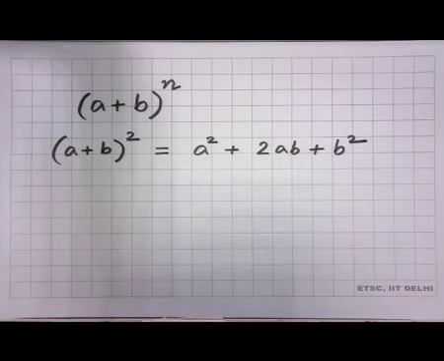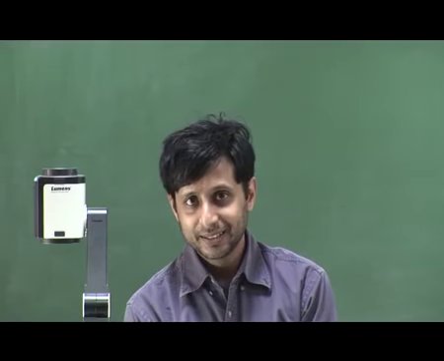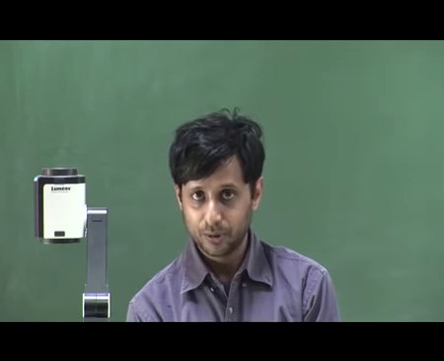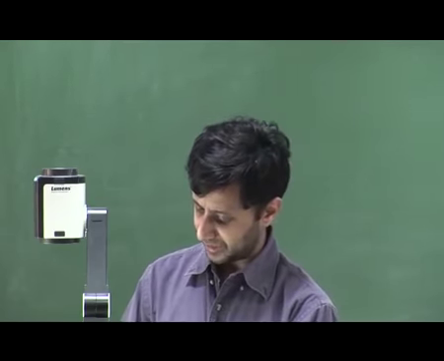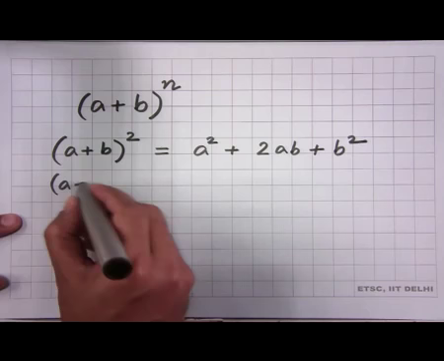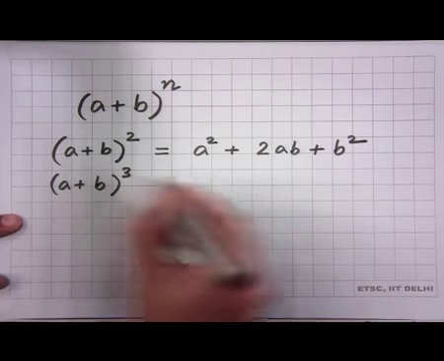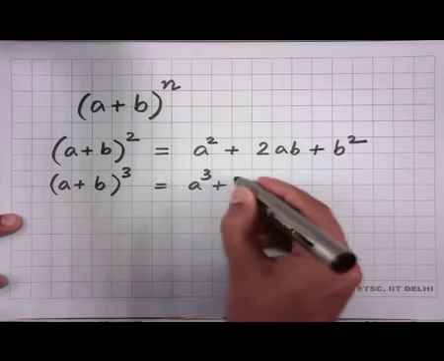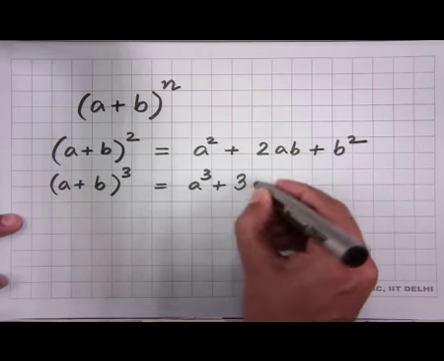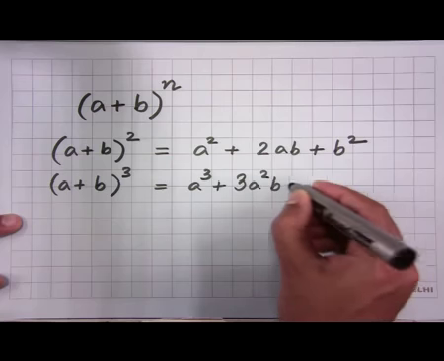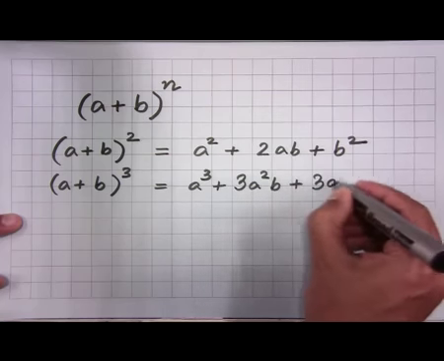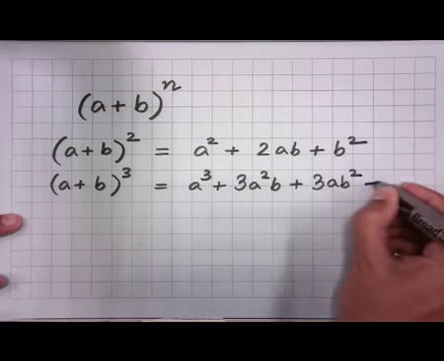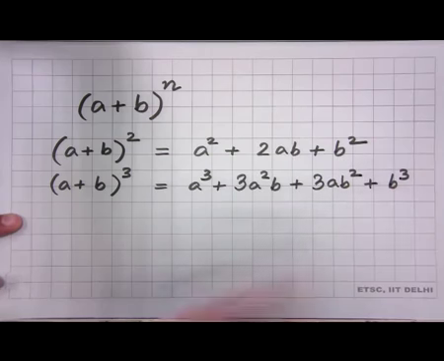You all know why this is true. Next, you can do a plus b the whole cube, and this is also something that you all know. A cube plus 3 a squared b plus 3 a b squared plus b cube.